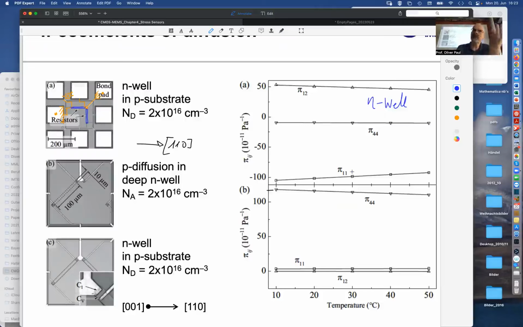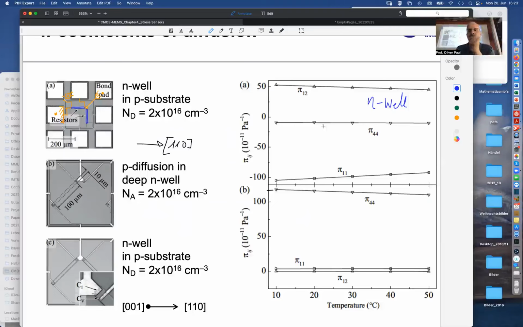And the reason is that this N-well structure has a doping that is higher than the structures from Smith. It's not super low doping, and N-well has a doping somewhere between 10 to the 16 and 10 to the 17, and that is no longer very low doped. And as Kanda has shown in this work, actually the piezoresistive coefficients decrease with doping level.